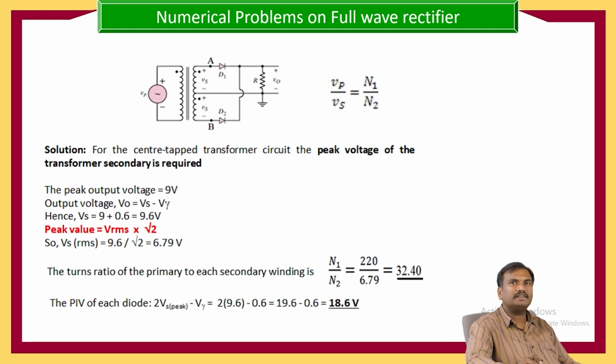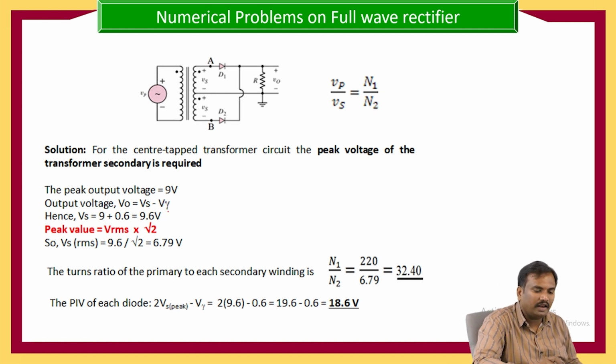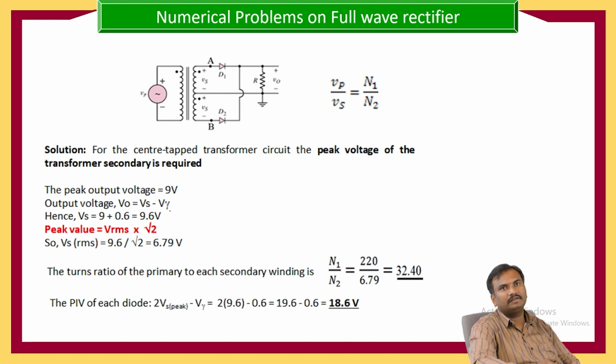Here, first let us consider the center tap transformer. Vp by Vs is equal to N1 by N2. The peak output voltage is equal to 9 volts. Hence, the output voltage is 9 minus 0.6, that is 8.4, where Vs is equal to 9 plus 0.6, that becomes 9.6 volts.